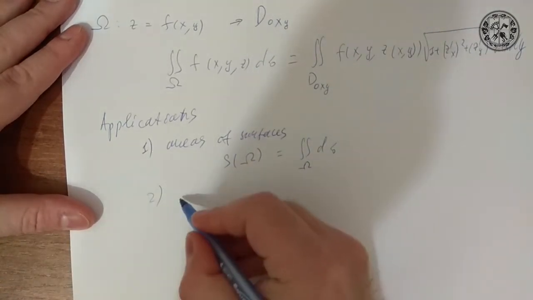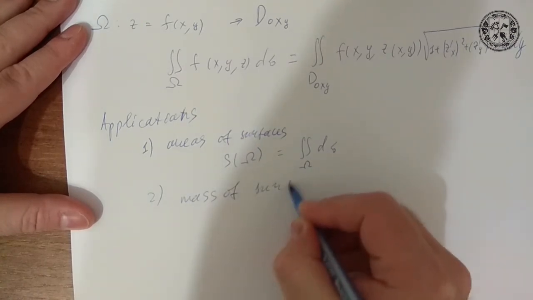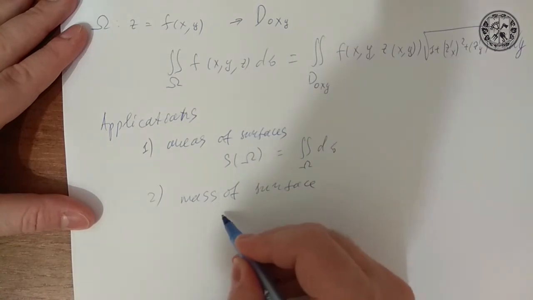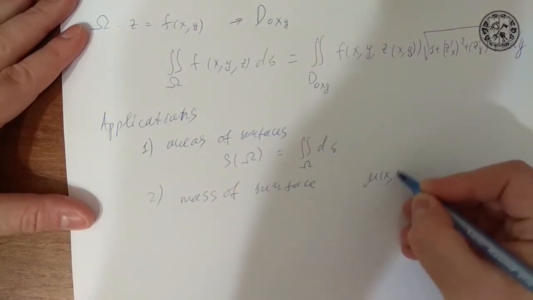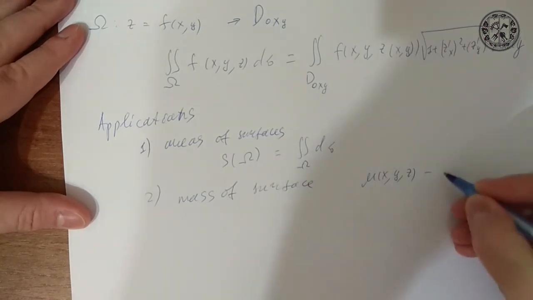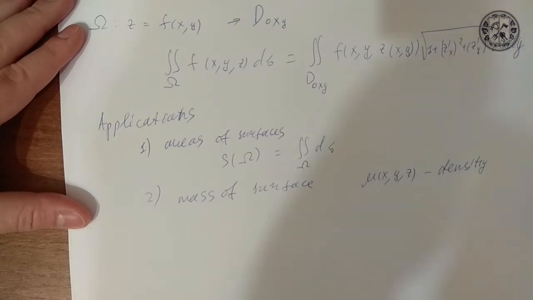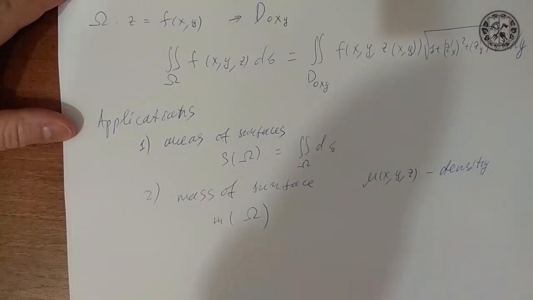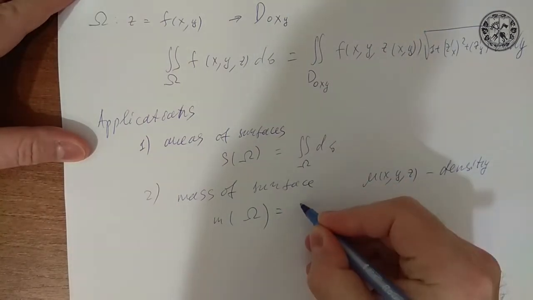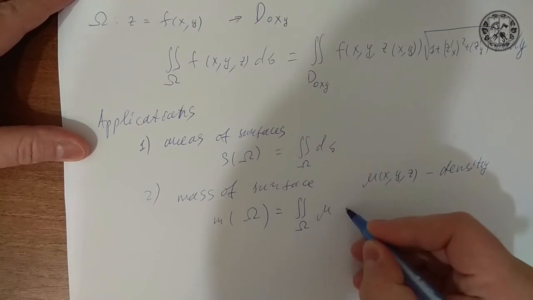Second application, mass of a surface. If we have some mu of x, y, z density, then m will be the surface integral of first kind of mu d sigma.